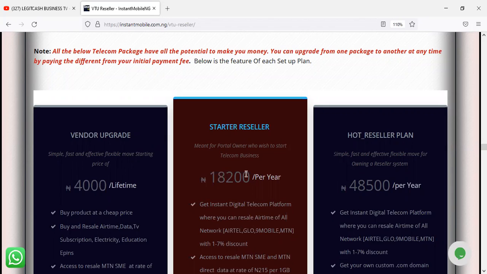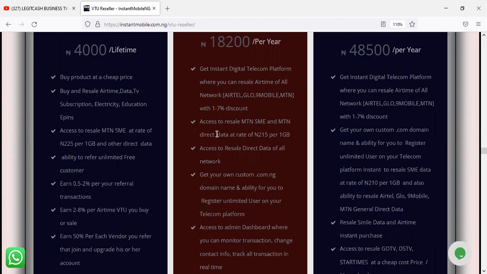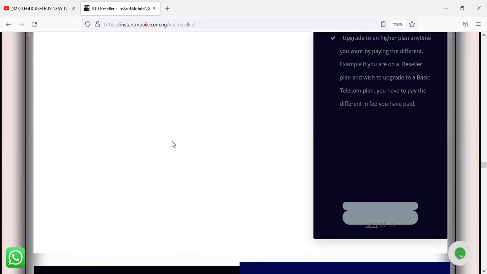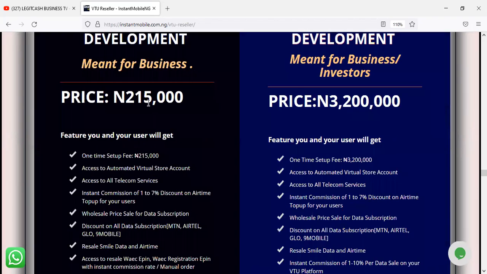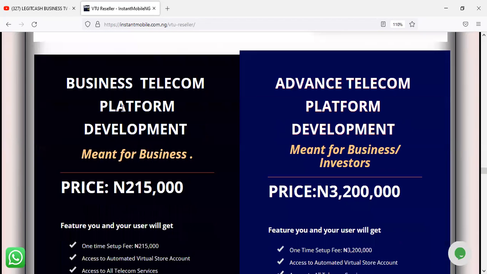Please, there is a typo error here. The hot reseller is 48,500. Then there are also some updates on the business telecom, which is now 215,000 for setup, while that of advanced telecom is 3.2 million.